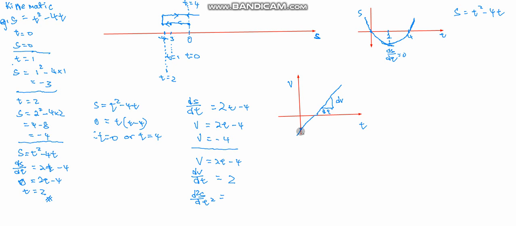Now, there's something here that I need to highlight. You can see that below this point, the v is negative. Above this point, the v is positive. What does it mean? It means that at the beginning, when t equals 0, it is traveling in the negative direction.